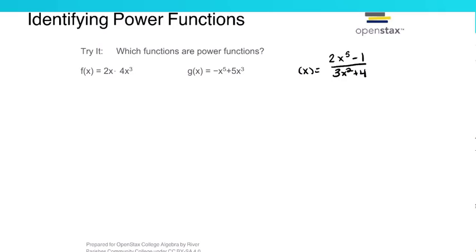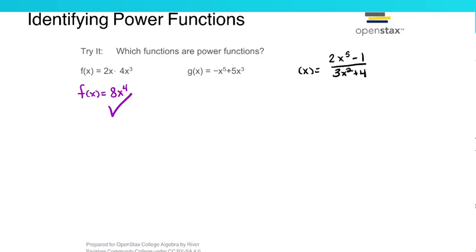Okay, so hopefully you paused the video and you had a chance to try to work these. So the first one, if I simplify this, if I do the multiplication, 2x times 4x to the third, I get 8x to the fourth. Because you remember, if you multiply variables with exponents, you add the exponents if the bases are like. So this is a power function.